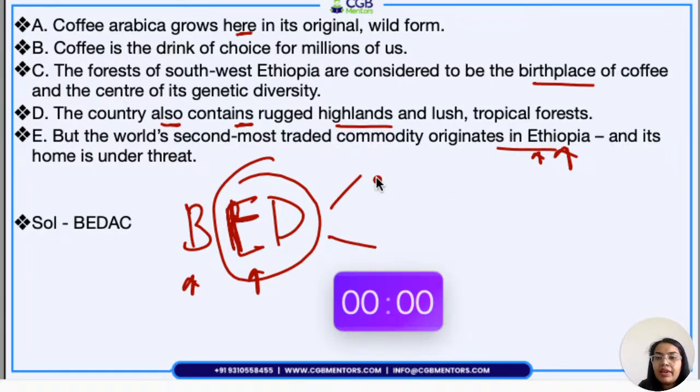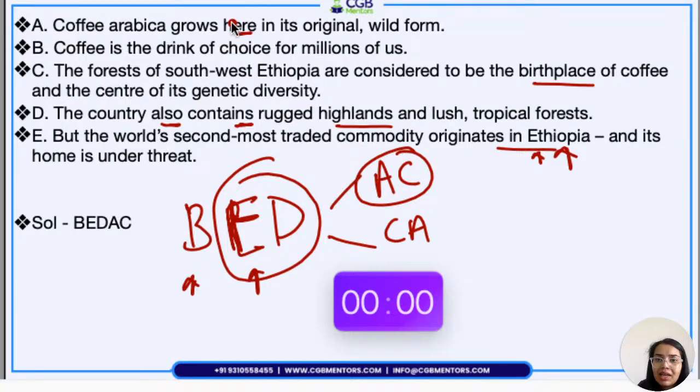Now I have two ways to go, A and C, and A. Okay. Now when I use A first, coffee Arabica, a specific type of coffee, grows here in its wild form. The forests are considered to be the birthplace of coffee. So we are going to go with A and C because that flow makes more sense, right?